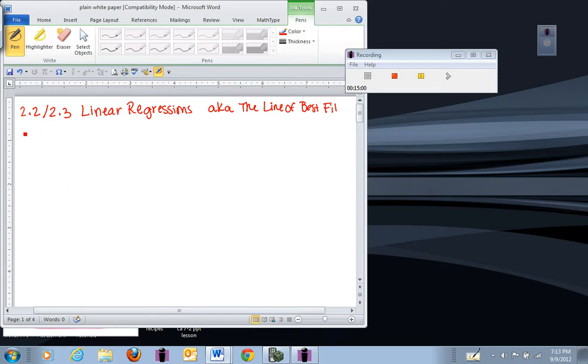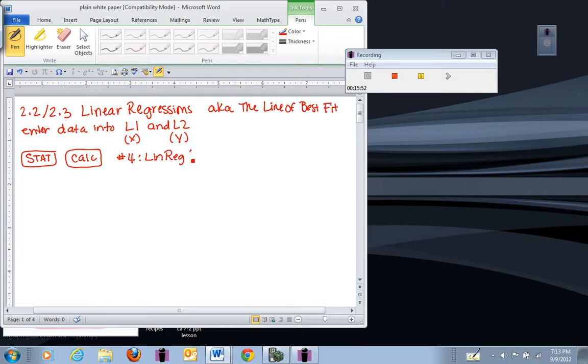Okay, so you're going to say enter data into, I'll just say L1 and L2. You can put X's under here and Y's under here if you want to. Then we went to stat, calculate, and then we chose number 4 because it said linear regression ax plus b.